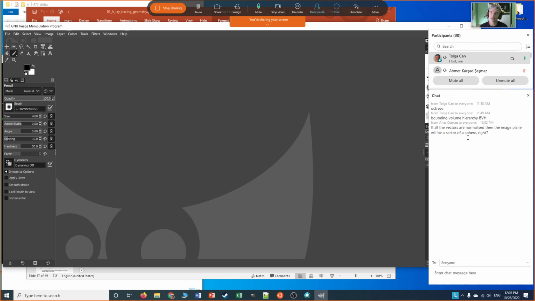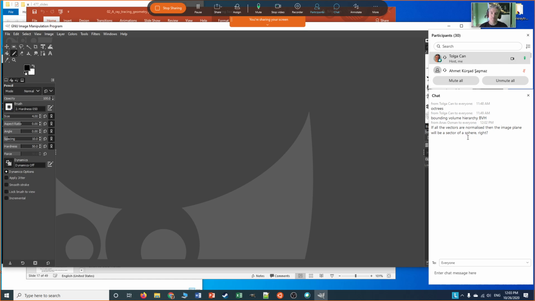So actually, if all the vectors are already normalized, if their lengths are all 1, if you generate those pixel rays, and they happen to be all normal vectors, then it means that your image plane is actually a sector of a sphere.